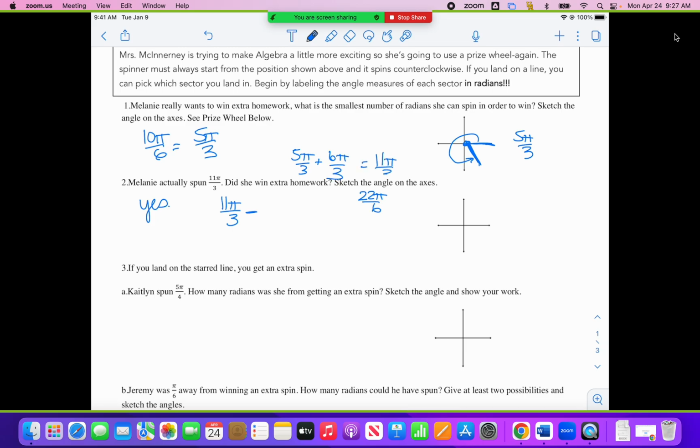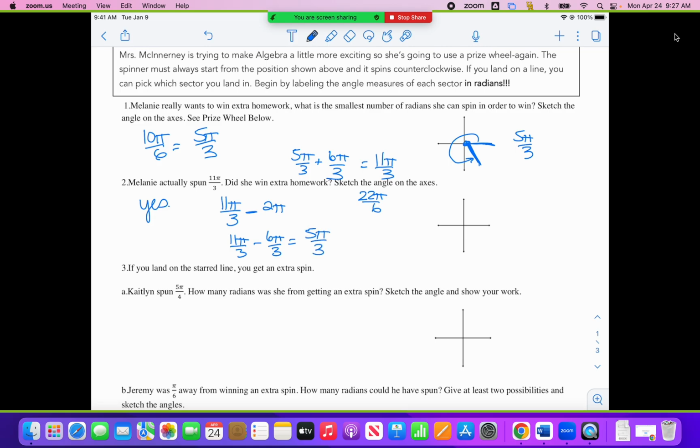Okay, so in order to see if she won, she added 2 pi. Here's another way to think of it. Here's how I did it. I subtracted 2 pi to see if it was, does anybody remember what it was called when it's the same, coterminal? I wanted to see if these were coterminal angles, and they are.